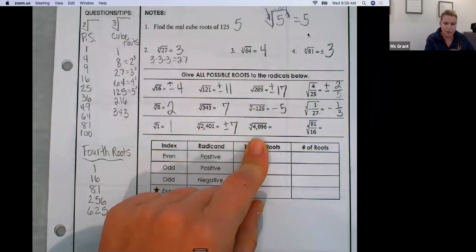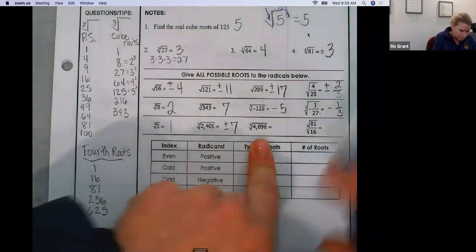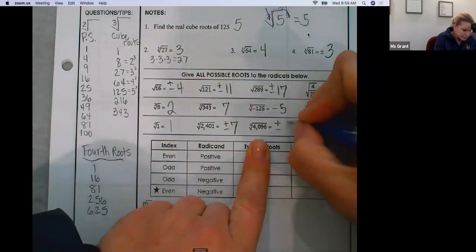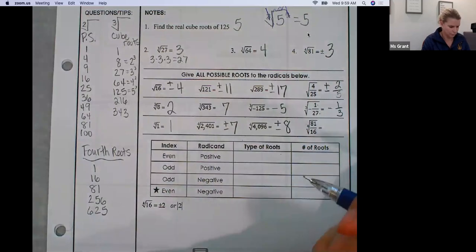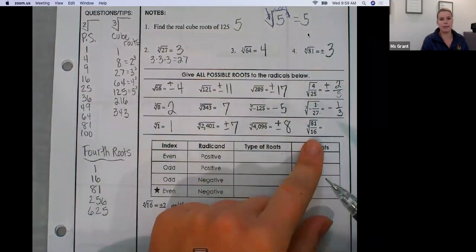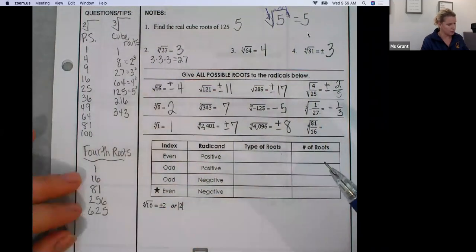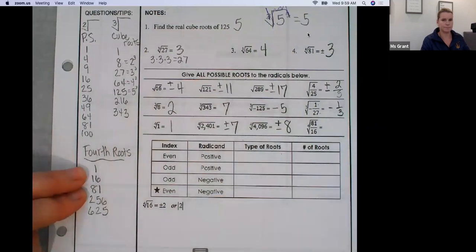Now we need new people. I don't think this is one you've actually have memorized. I'll do it. Plus or minus 8. Who memorizes 4,096? Like 81 over 16. They're both fourth roots. 81 over 16.